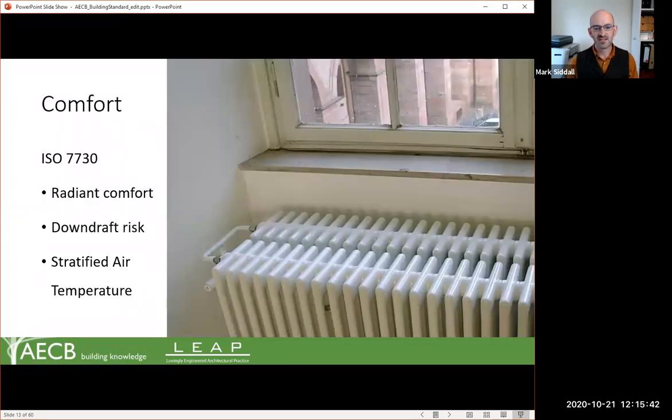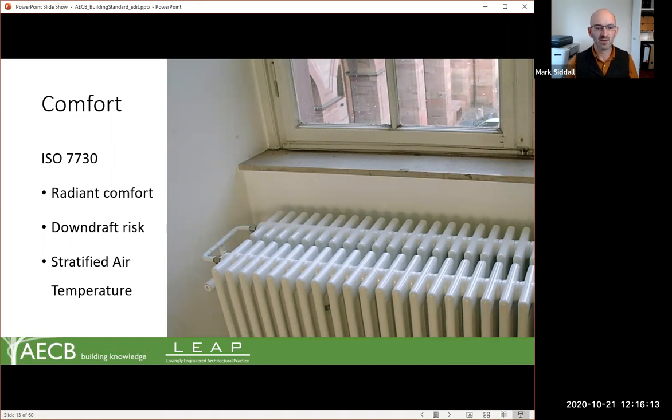For the AECB Building Standard, when we start to think about modified U values for windows, for instance, we need to be mindful of the comfort standards that we're also seeking to achieve. So here, the standard recognises the importance of satisfying ISO 7730, which is a comfort standard, and therefore thinking about radiant comfort, downdraft risks, and stratified air temperatures all becomes key.